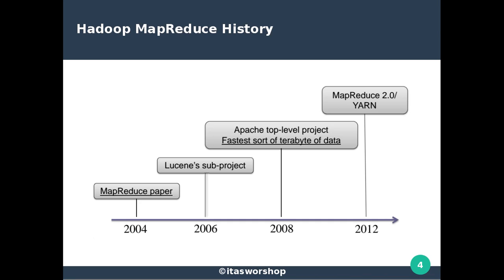And in 2012, there was a standard release for MapReduce 2.0 and YARN. In the next video series, we'll see what is different between traditional MapReduce programming and what the advantage of using YARN, also known as MapReduce 2.0, is.